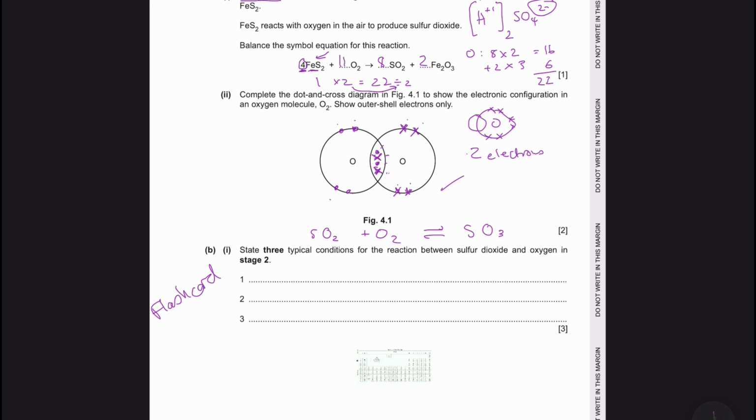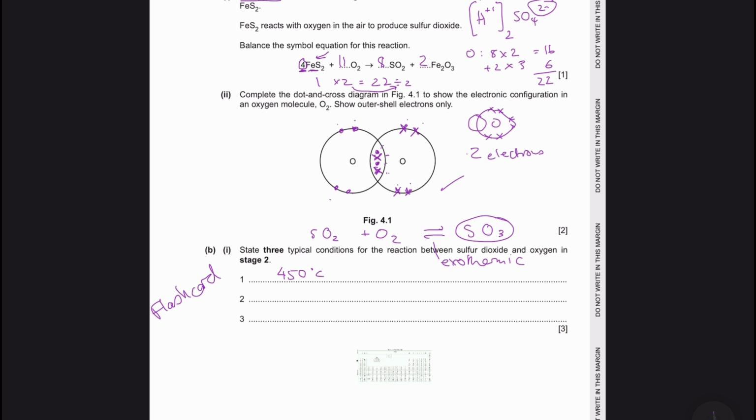It will come up. Okay, so the 3 conditions. It is 450 degrees C because the forward reaction is exothermic, which means heat is released when this is made. Heat is released, so it's going to get hotter and hotter, but that's then going to favour the backwards reaction.